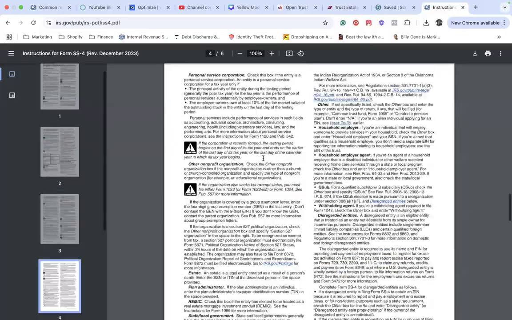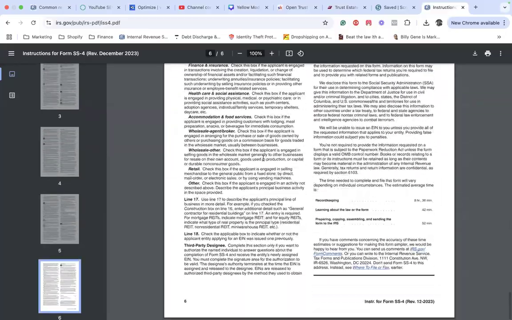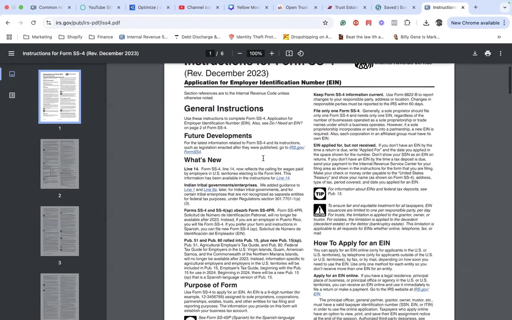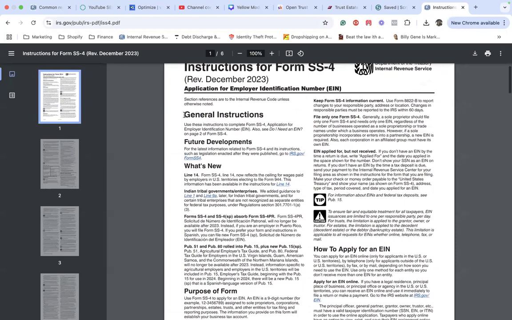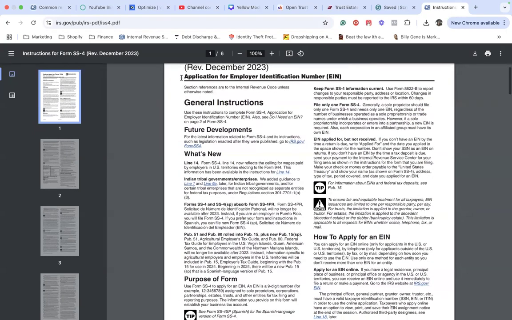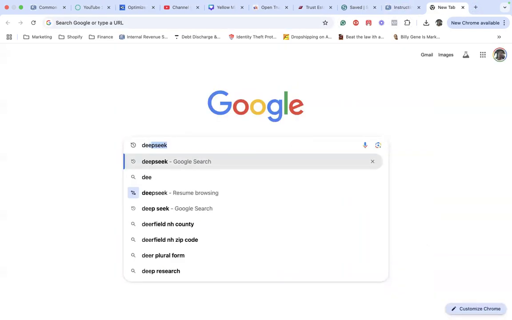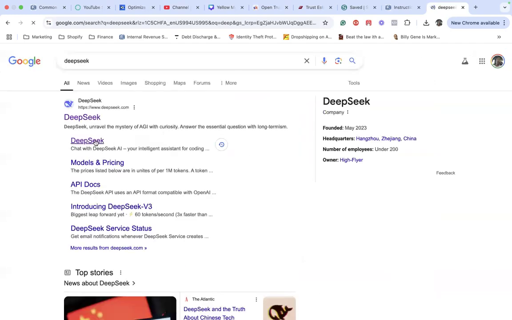Some of it is quite a bit to read, for those of you still trying to grasp the legalese. I recommend you take this information and copy it. I encourage every one of you to do this, because it's important to have a general understanding of this information. You can use DeepSeek or ChatGPT.